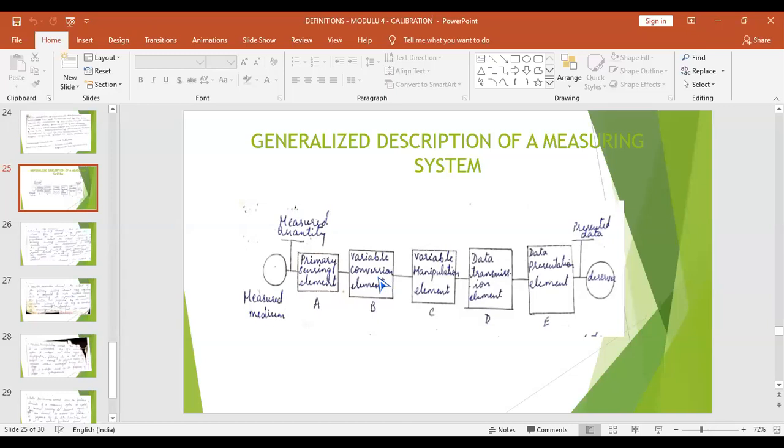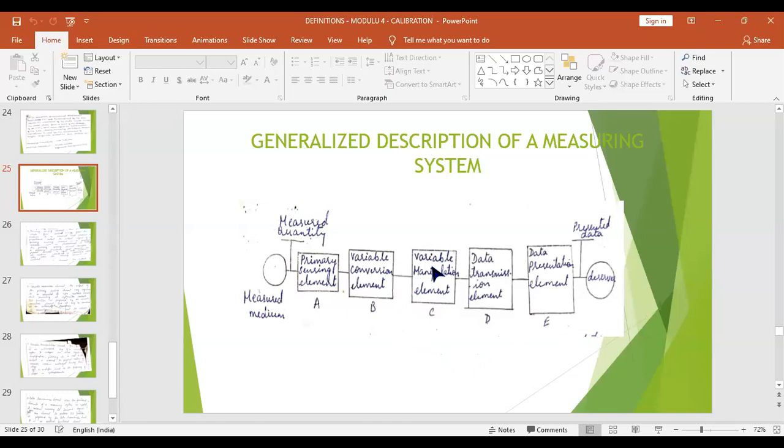That voltage signal is fed to the third stage of the generalized description of a measuring system, the variable manipulation element. The voltage signal is converted into a digital signal.